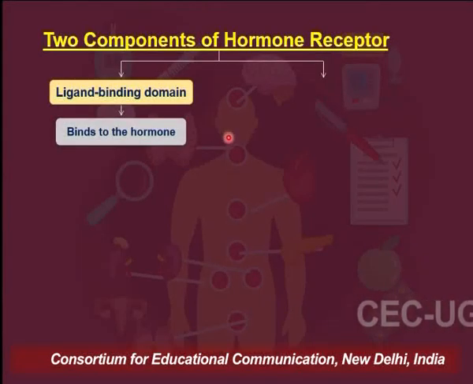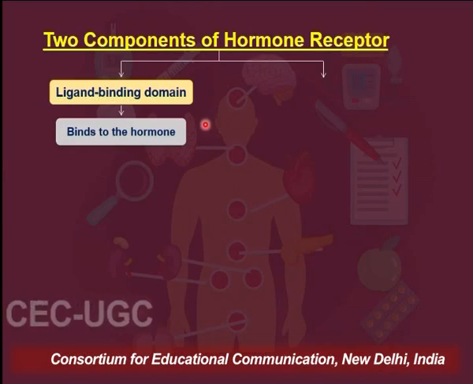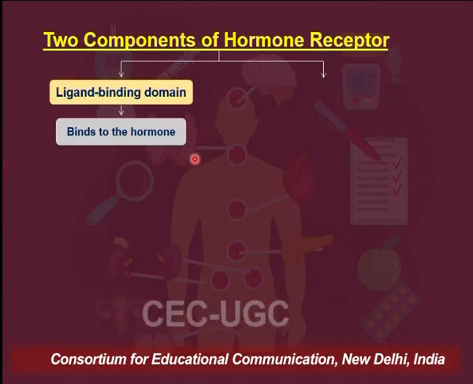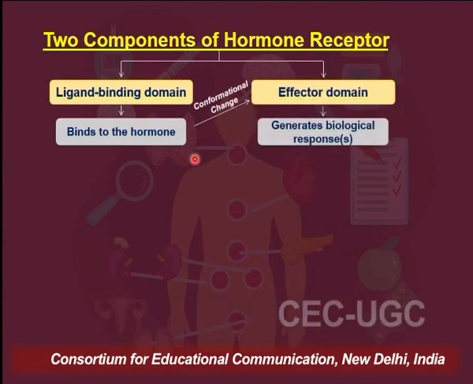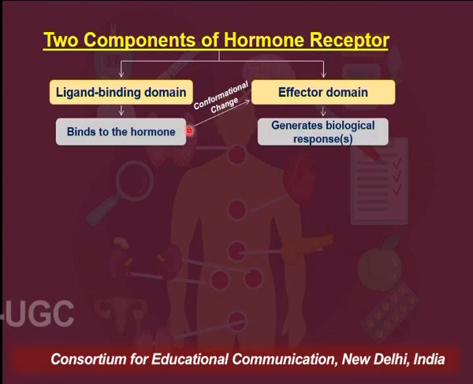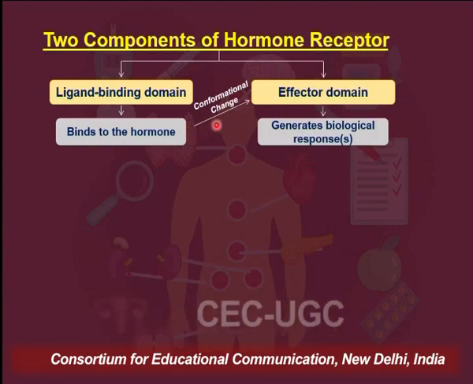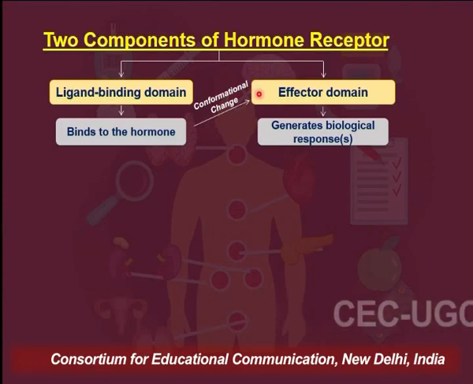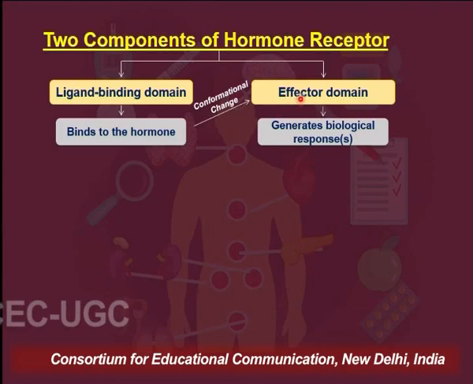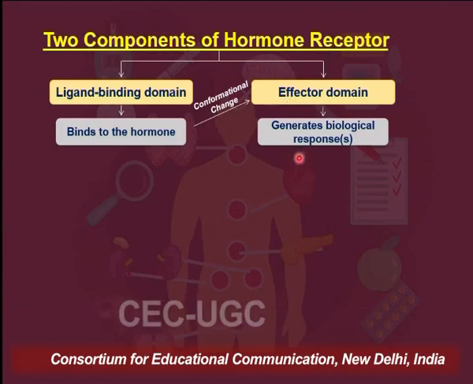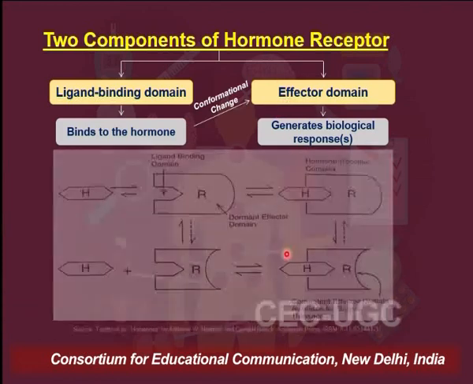One is ligand binding domain, which, as the name suggests, binds to the ligand or to the hormone. And upon binding of the hormone with its receptor, that leads to some conformational change. And then there is another component of hormone receptor which is called the effector domain, which will then generate the biological response.